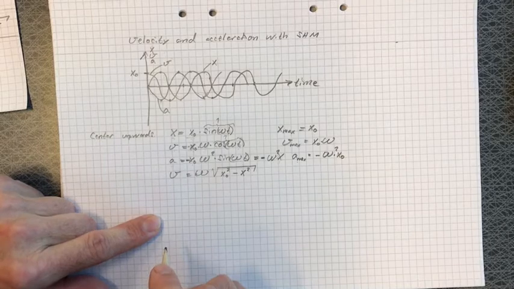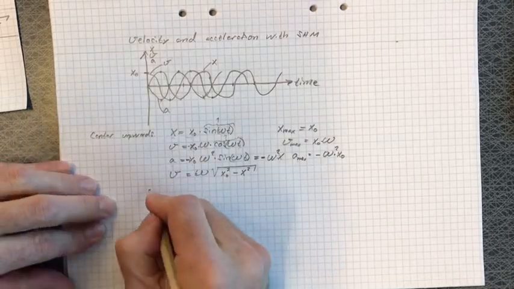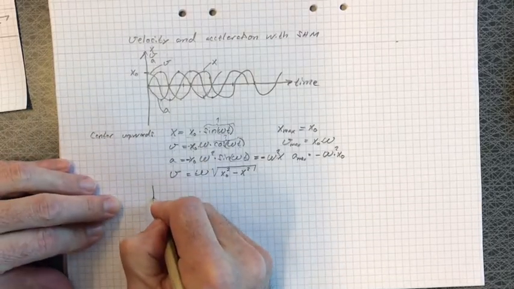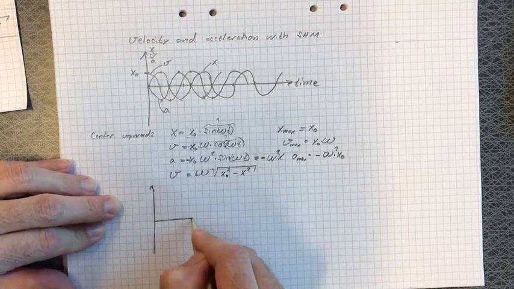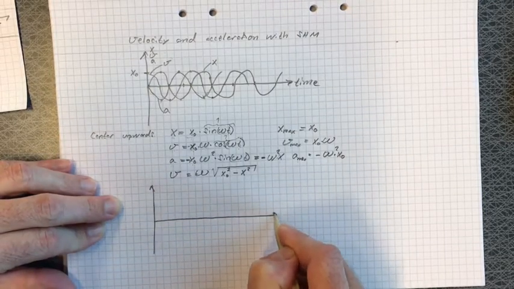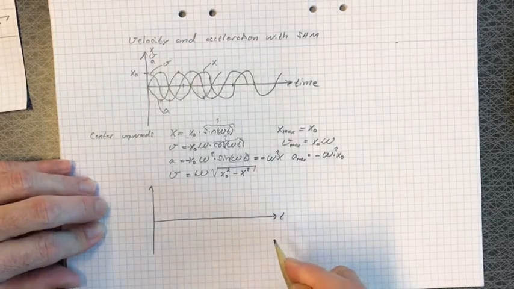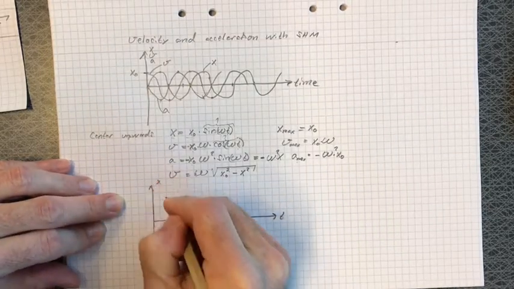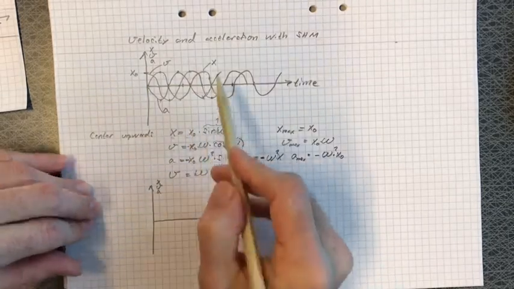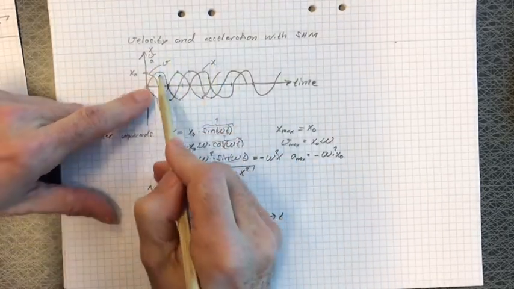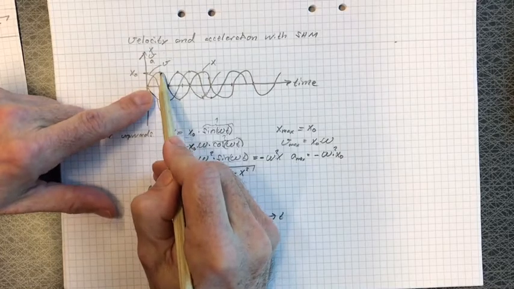Okay, now to make it a little bit more complicated, but not very complicated, I will show you one more thing here. So we have a timeline. We have the displacement, the velocity, and the acceleration. So here we have this displacement curve.